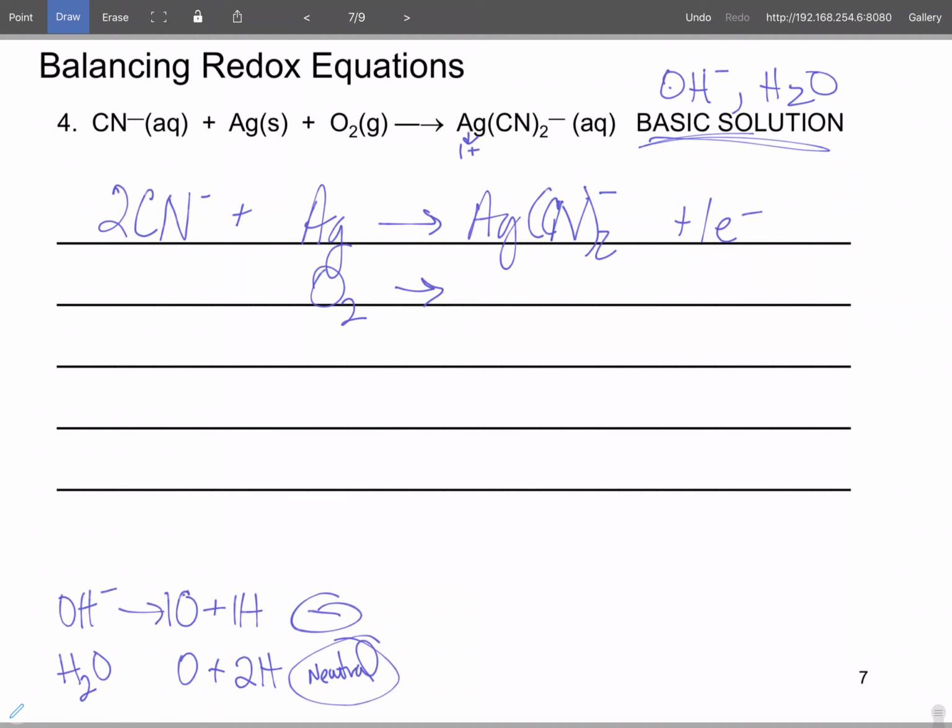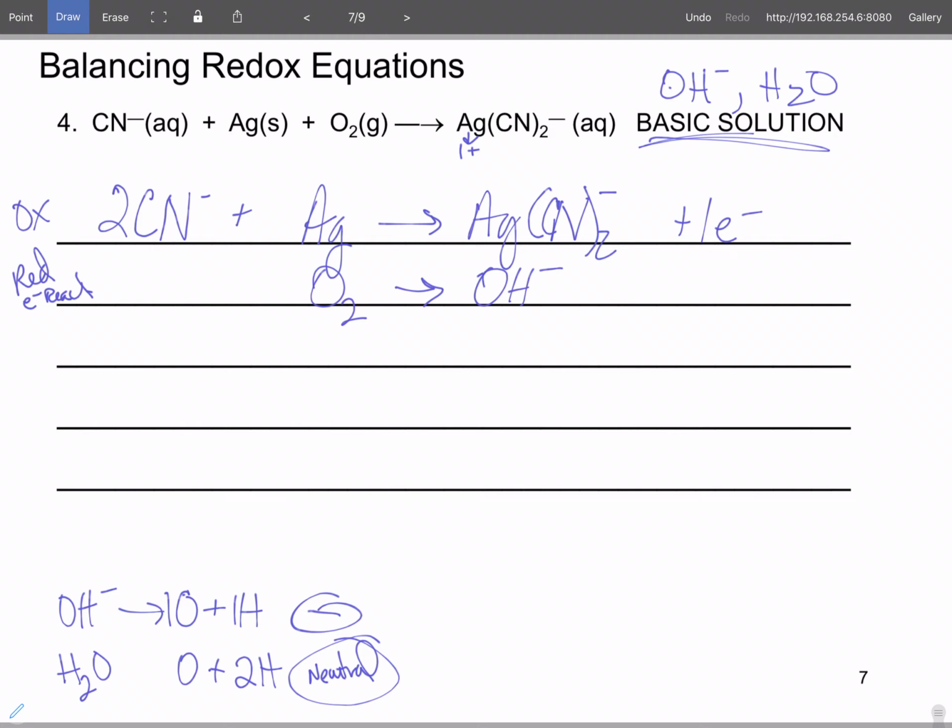Now, if this one is the oxidized, that means this one is reduced, which means electrons are on the reactant side. So if the electrons are on the reactant side, odds are we're going to want the negative on this side. Okay?